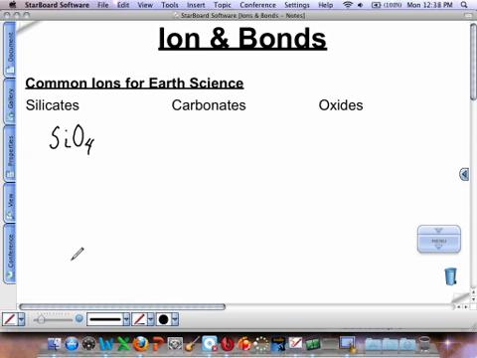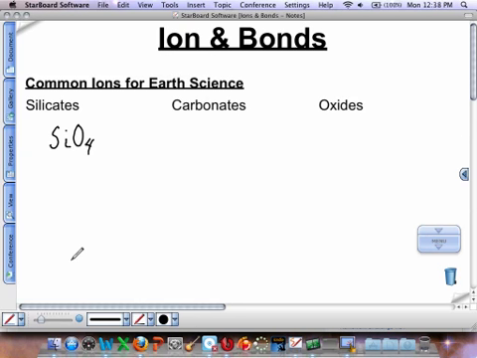So very, very common. Pure silicate is just quartz. In fact, if you look at beach sand, it's pretty much all it is. It's silica. And we're going to keep talking lots and lots about silica all the way throughout this course.